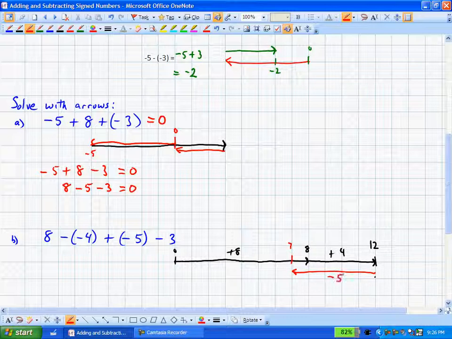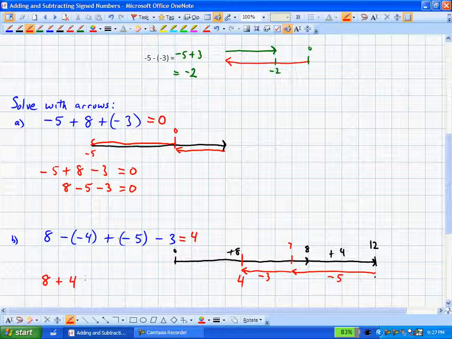That's really a negative 5 that we just added. Then we're going to add another negative 3. 1, 2, 3. And we end up at this point. Well, we have 12 minus 8, so this must be 4. Equals 4. If we want to write this expression with fewer symbols, it's 8, the opposite of subtracting, the opposite of a negative is an addition of 4.